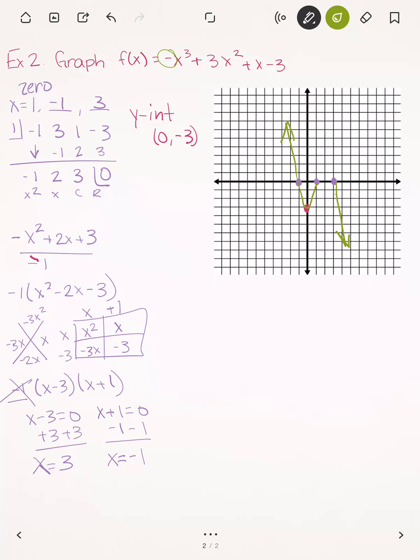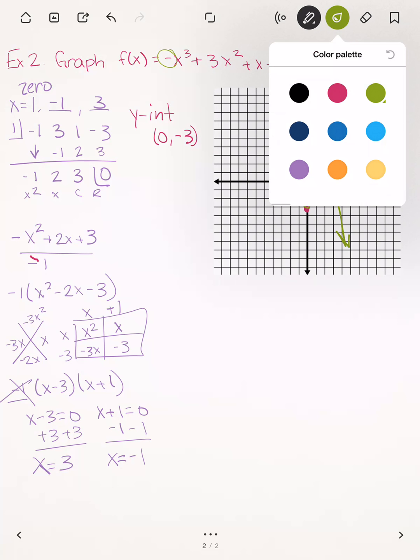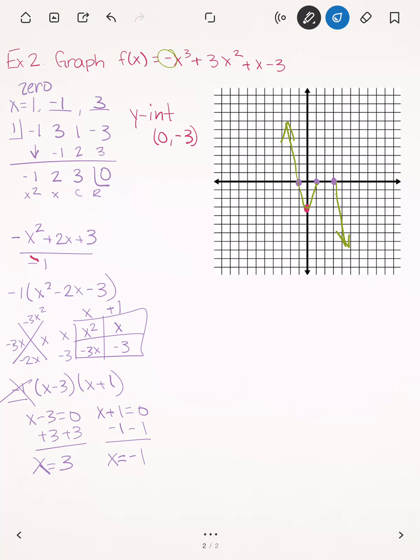Notice now I'm missing a point at 2, so I'm going to plug in 2 to see what that value is. So I have 2, so negative 1, 3, 1, negative 3. I bring down my first term, which is a negative 1. 2 times negative 1 is a negative 2. 3 plus a negative 2 is 1. 2 times 1 is 2. 1 plus 2 is 3. 2 times 3 is 6.